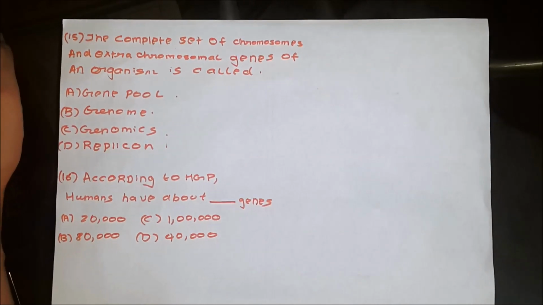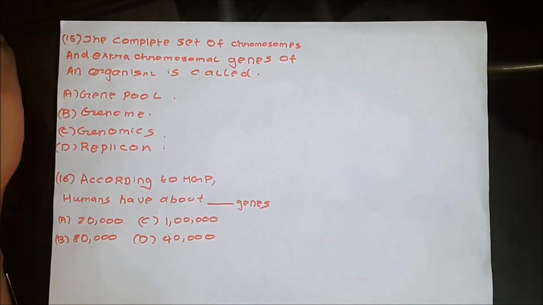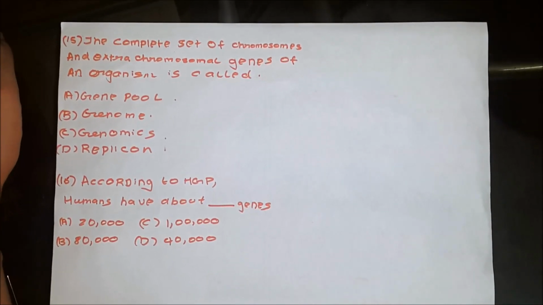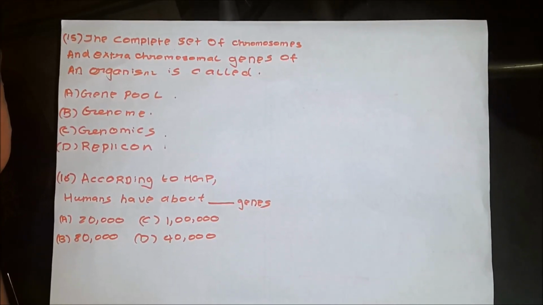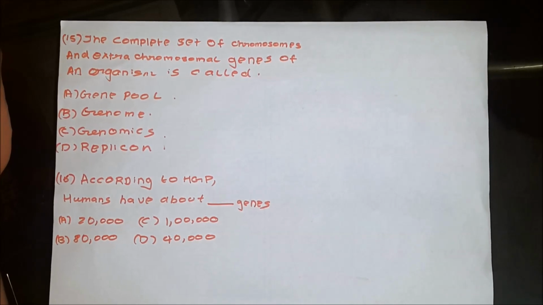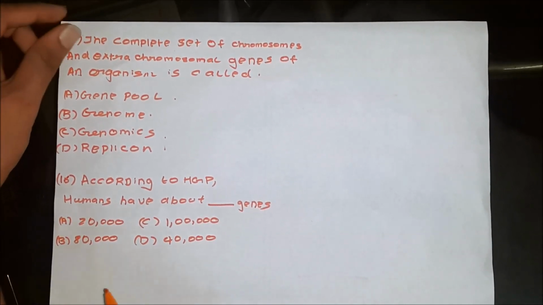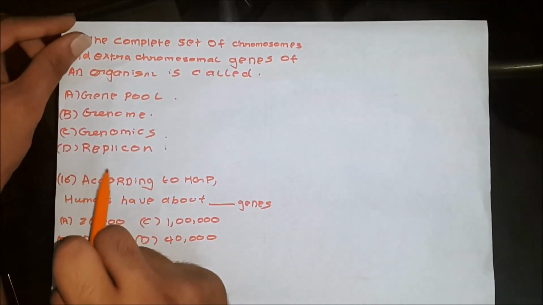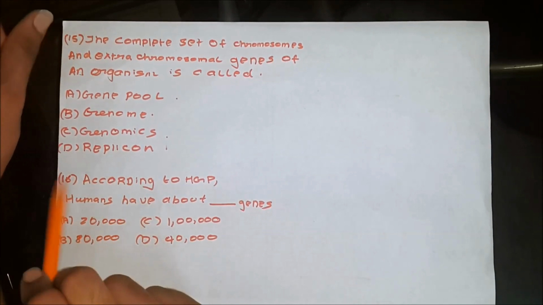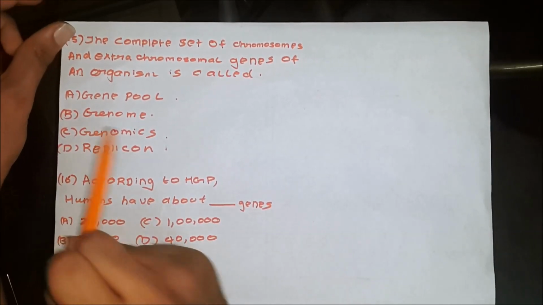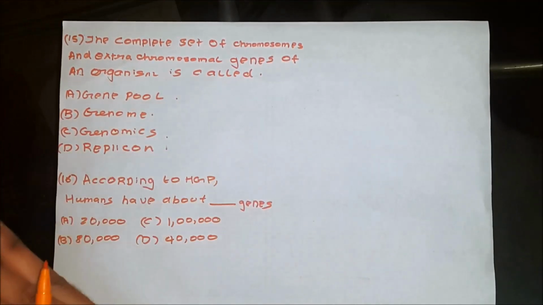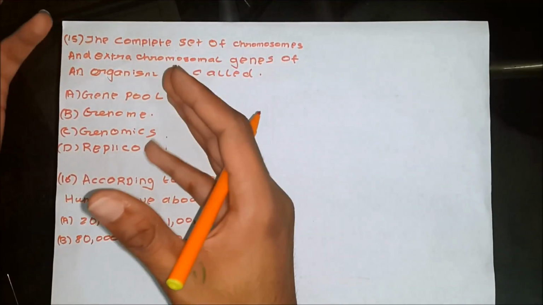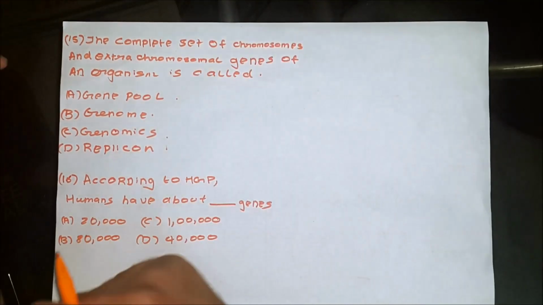The complete set of chromosomes and extra chromosomal genes of an organism is called. Options are A. Gene pool, B. Genome, C. Genomics, D. Replicon. Now, the option C, genomics, is basically the branch, and the term gene pool basically means the stock of genes in a given population that can breed amongst themselves in a given area.